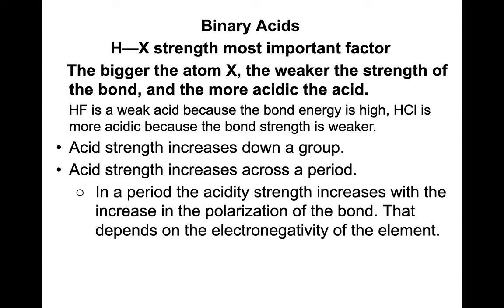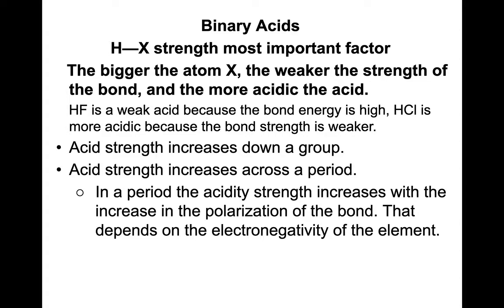Remember, if the atom is bigger, it's more spread out, it has a weaker effective nuclear charge at its boundary, and so it's not going to be able to form as strong of a bond as a small atom would. It was very condensed and packed in.